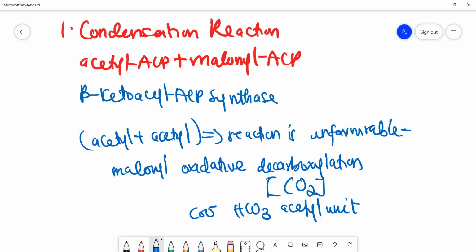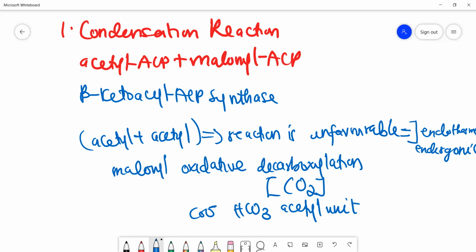Now, I made mention of the fact that this reaction is unfavorable thermodynamically, an endothermic reaction, or elsewhere you see endergonic. Because it is this way, the body can't expend ATP in condensing these two acetyl units, because this thing is going to repeat a lot. That means a lot of ATP will be used.